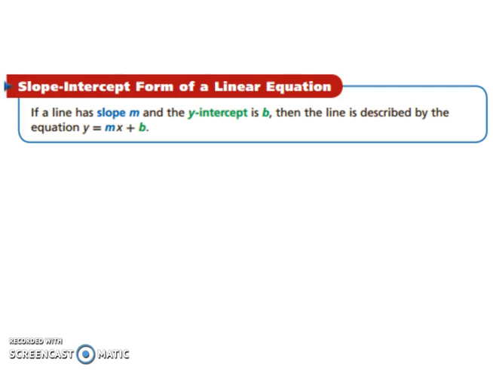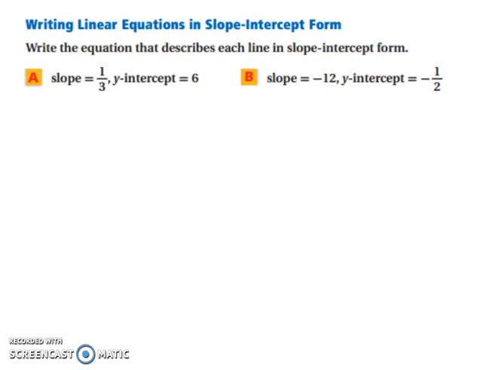Alright, so slope-intercept form, as you had seen in a previous slide, is y equals mx plus b. M is your slope, b is your y-intercept. So let's practice writing linear equations in slope-intercept form.